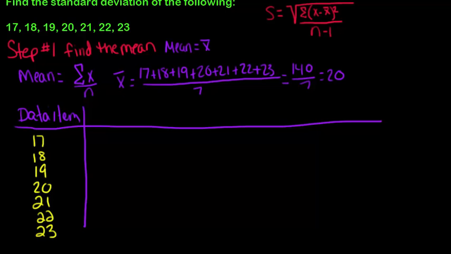Now this next part is the deviation, or we like to say x minus the mean. We know that the mean is 20, so it will be 17 minus 20, 18 minus 20, 19 minus 20, and so on.